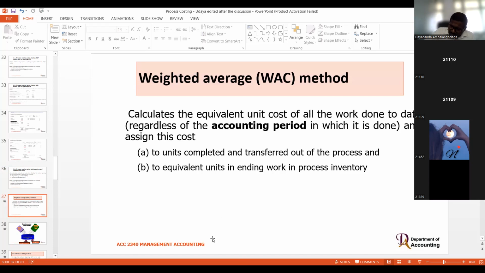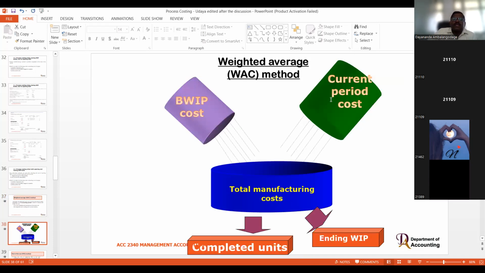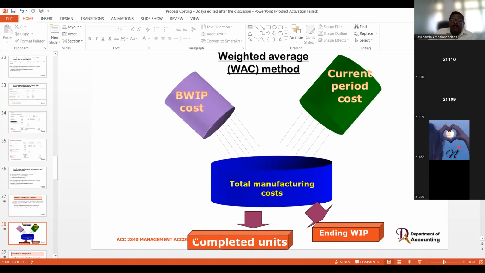I think in the previous questions A and B, we did the same way. Here it is, the weighted average method. We take the opening WIP cost, process B, whatever, and also the current period cost. We put all the costs together, total manufacturing cost, and we take the completed units separately and the ending WIP. That's all for weighted average. We put all the costs together, just divide.